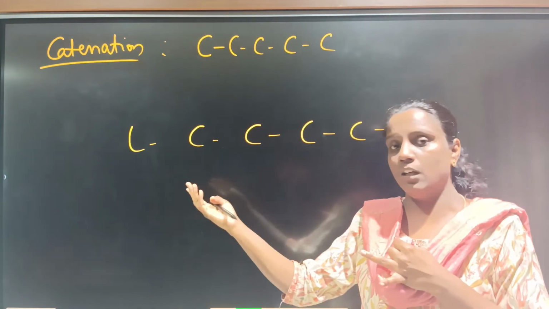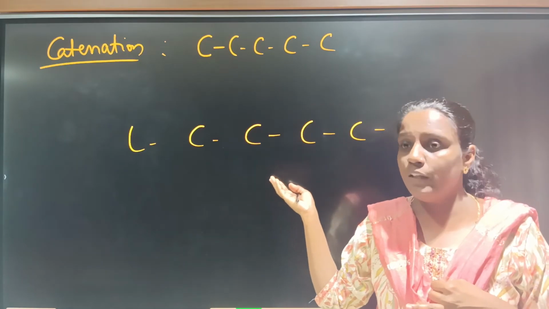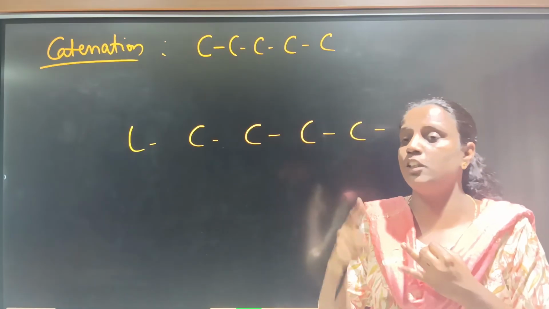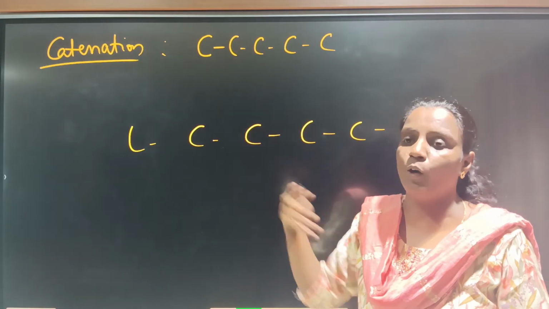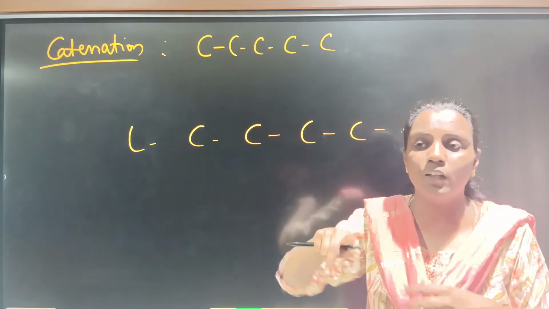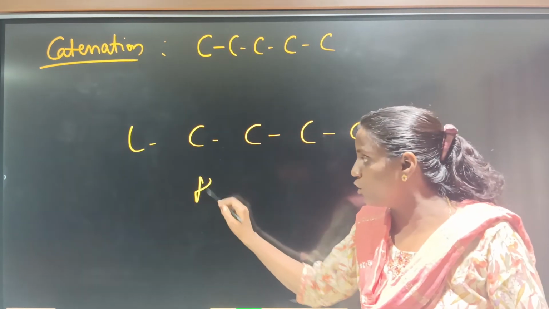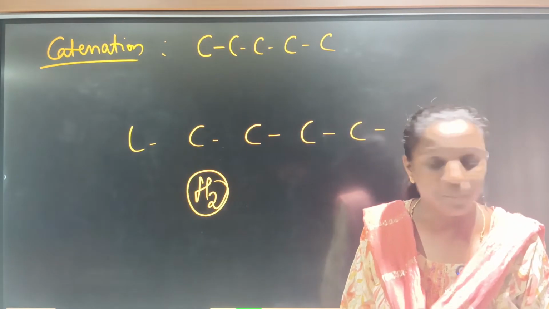As you saw with ammonia, a covalent bond forms, but there nitrogen is building with hydrogen. When I take the H2 molecule, yes, it is building a bondage between the same element.